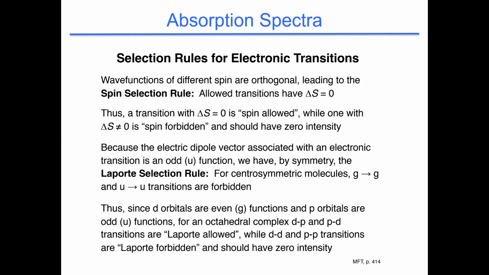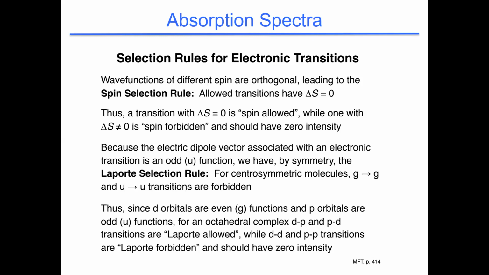So switching gears a bit, we're going to talk about absorption spectra now. When interpreting your absorption spectra, it's important to keep in mind the selection rules that we've discussed. When you have wave functions that have different spins, the wave functions are orthogonal.